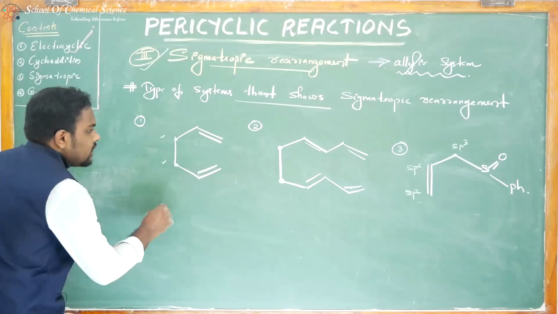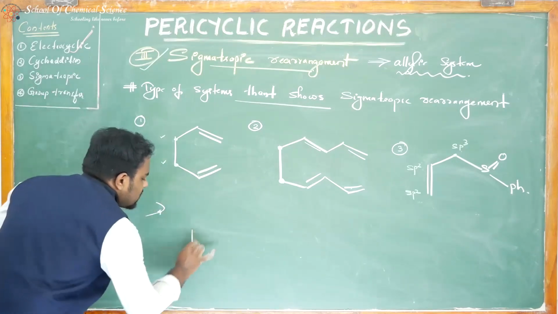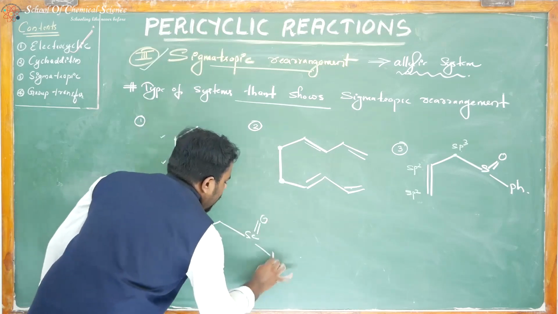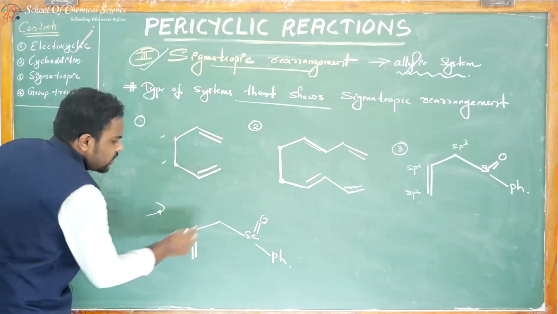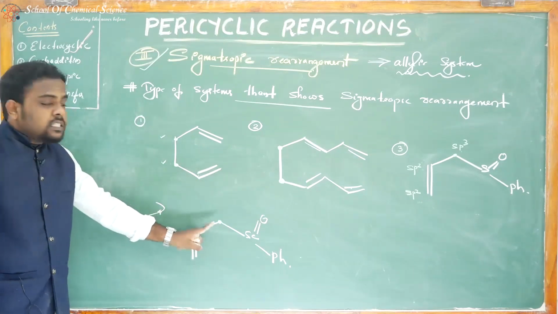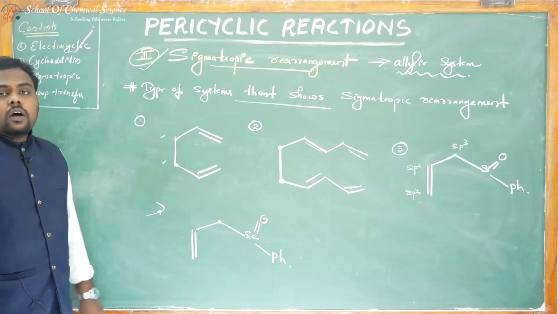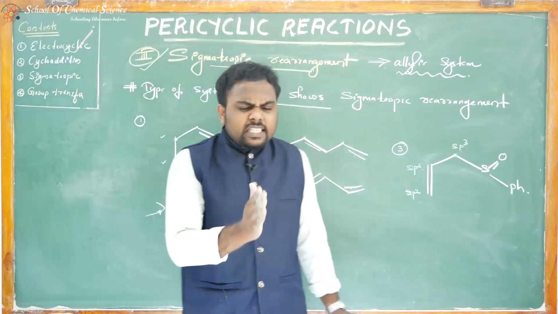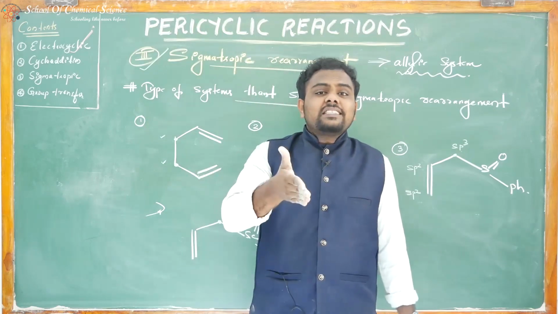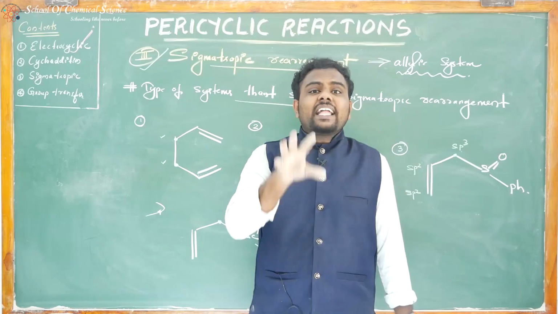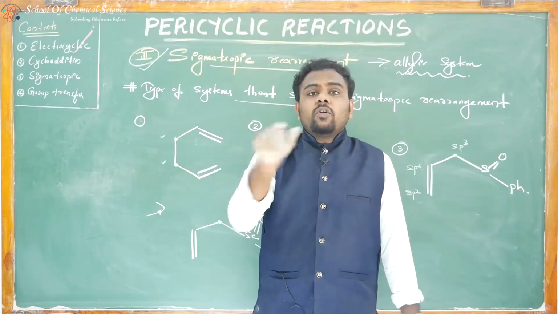Then selenium oxide, fourth example. Se double bond OPH. Here also this carbon is an allylic carbon, so definitely this system will also show it. From the CSIR exam point of view, the first thing is you have to familiarize yourself with the systems that show the particular reaction. Then only you can identify that particular compound in the exam.